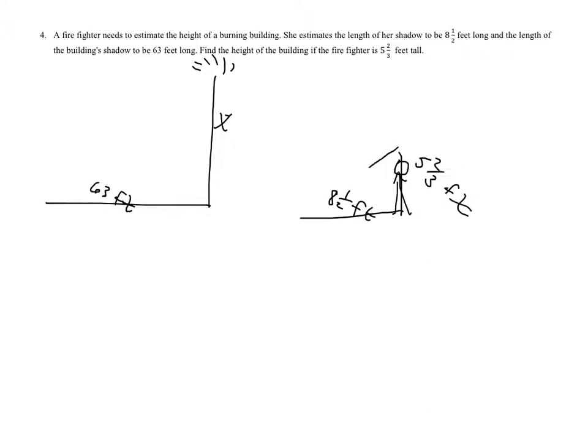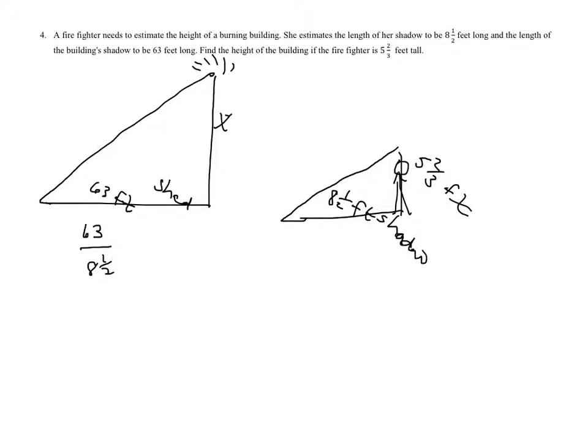Now what she's doing, I'm sure she did this after the fire was out. Now it said it's burning. I don't know. Anyway, again, similar triangles. We'll do 63 to 8 1/2, shadow to shadow, as x is to 5 2/3.